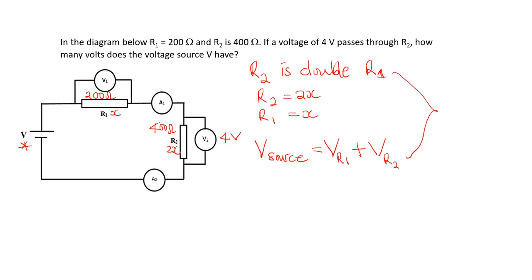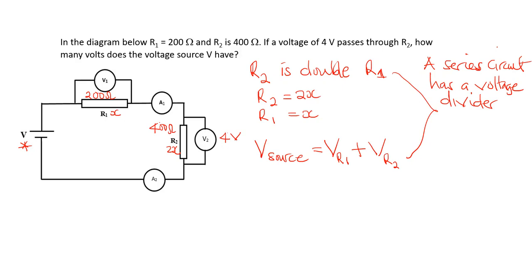It means that a series circuit has a voltage divider, or in other words, the total voltage of all the resistors in a series circuit is equal to the voltage source.